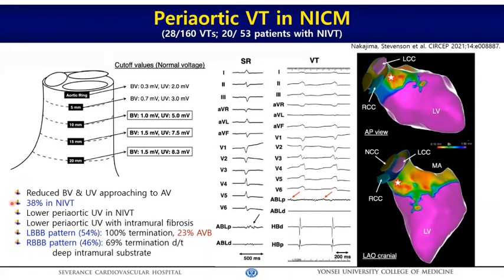Moreover, the proportion of VT showing LVV morphology and RVV morphology were half and half. In case of LVV pattern, it was easy to terminate, but shows a high chance of heart block. In contrast, in case with RVV pattern, the VT target existed more laterally and showing only 70% chance of termination due to deep intramural substrate.